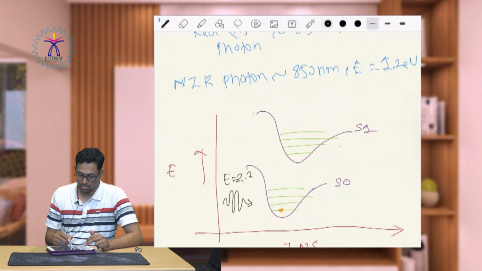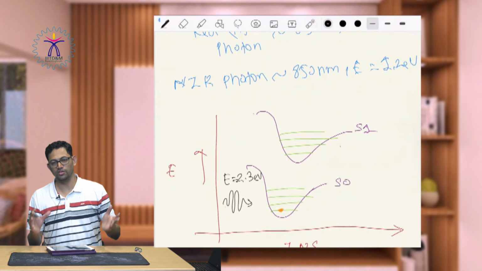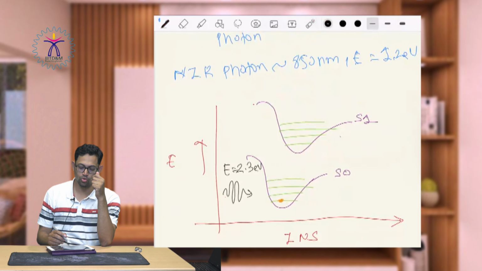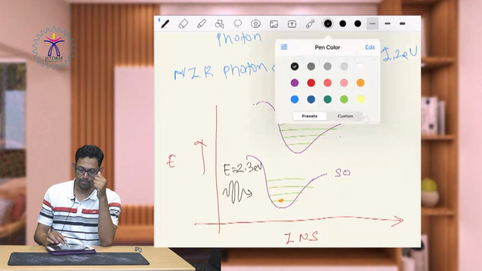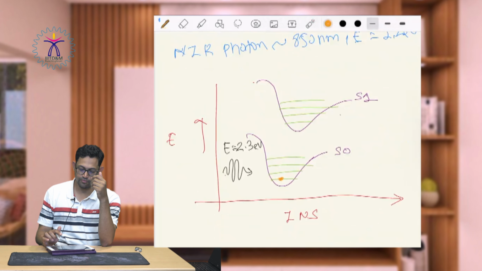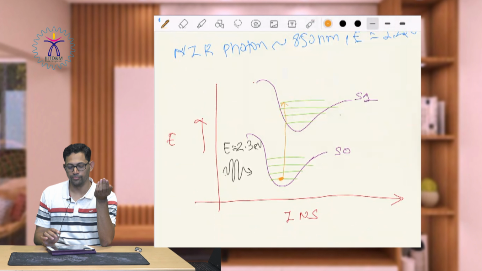So we now give a photon of green color, around 2.3 eV, and let us see what will happen. This is comparatively more than 1.2 eV, so this photon will have significant energy to come out of the ground electronic state, and it can actually jump to a higher electronic state.